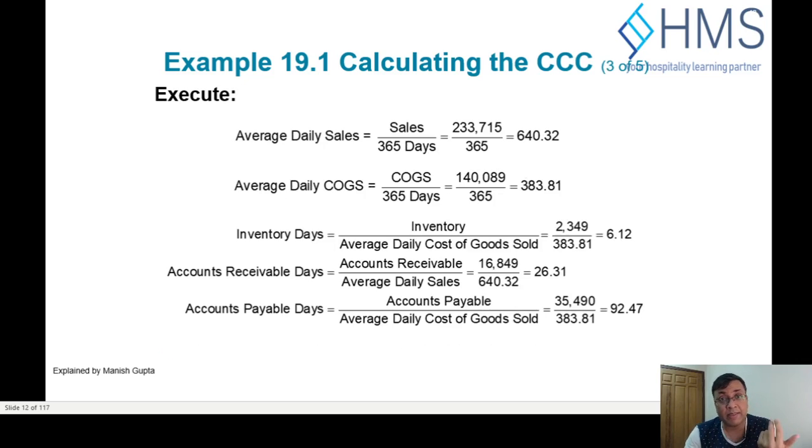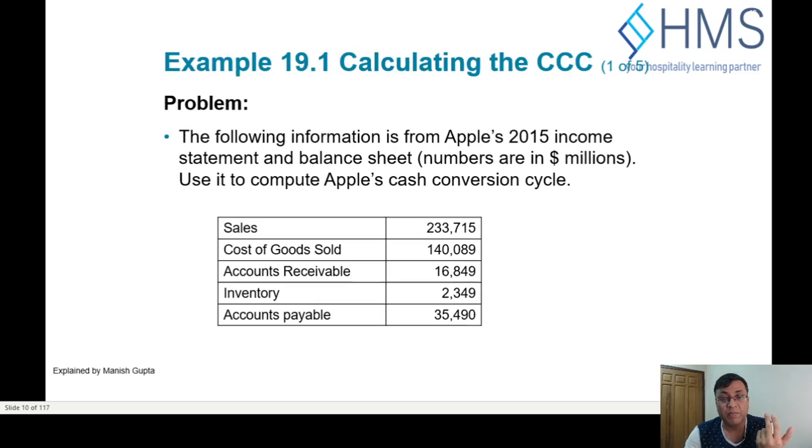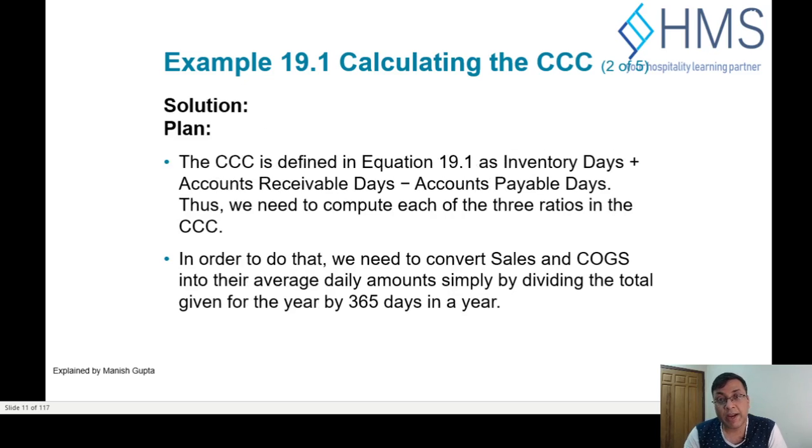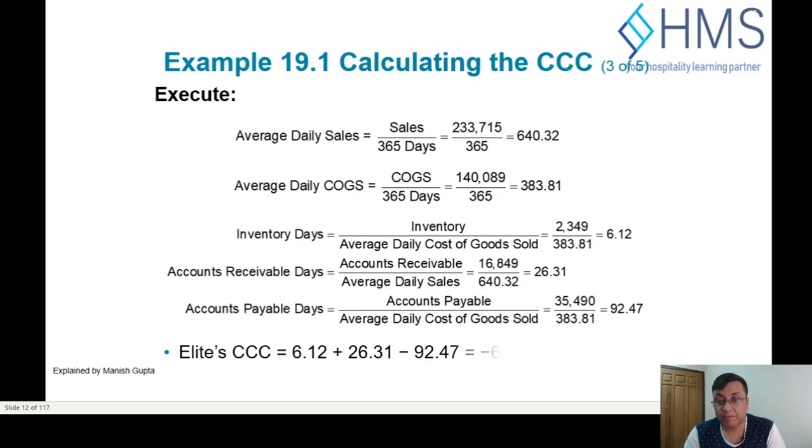That is evident from the values here: the company's investment in accounts receivable is 16 million and inventory is 2 million, but it gets financing from accounts payable of 35 million. So the company has used its supplier's money, so it's able to convert the inventory much faster than it pays the supplier. And if you look at the days, it takes 92 days to pay the supplier.